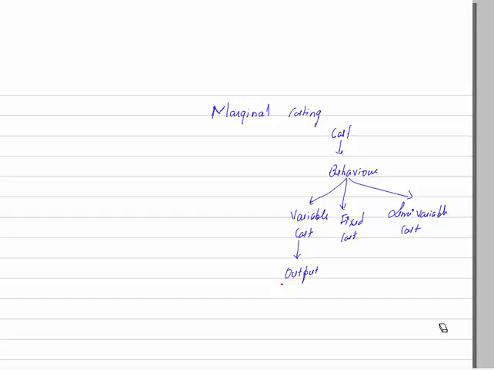Let us take an example. Suppose I am a manufacturer of a shirt. To manufacture a shirt we require cloth. Suppose to manufacture one shirt we require 1 meter of cloth, and the cost of 1 meter of cloth is 100 rupees. So if I manufacture one shirt, the cost incurred will be 100 rupees. If I manufacture two shirts, the cost incurred will be 200 rupees.